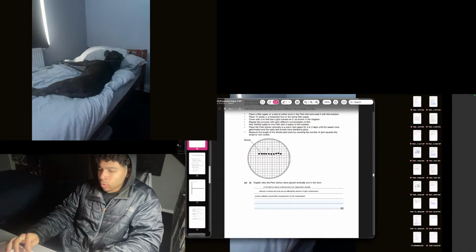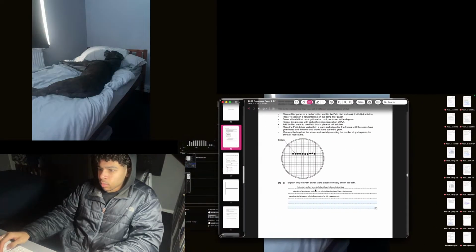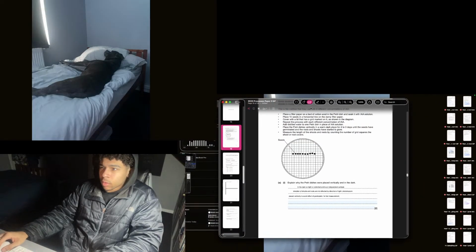So I said they are geotropic. I think I'd get the mark for that. It says allow in dark to prevent phototropism. Yeah, so it's vertically to avoid effect. I said avoid the effect. No. Give myself 1 mark for the phototropism.